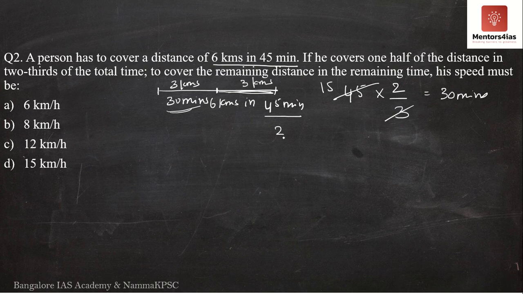So the remaining 3 kilometers has to be covered in how many minutes? In 15 minutes. So the question is asking to cover the remaining distance, that is 3 kilometers, in the remaining time, that is 15 minutes. His speed must be what?